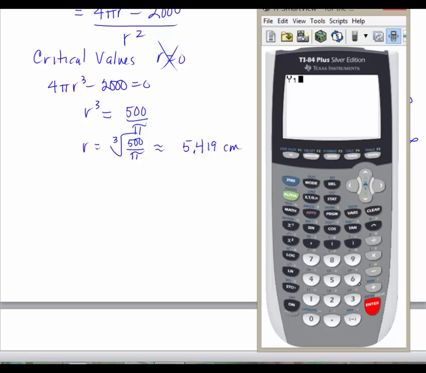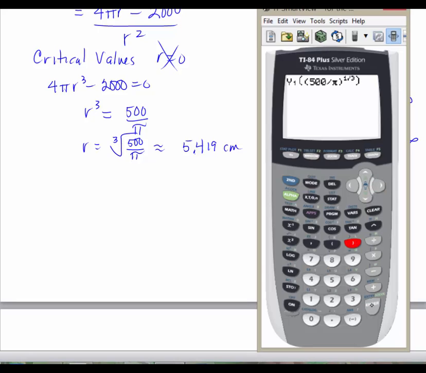I'm going to open the parentheses. Now I need to open the parentheses again because I want to take 500 divided by pi and raise it to the 1/3. You can do that, or there is a cube root button you can also use. I'm going to take 500 divided by pi, close the parentheses, raise that to the 1/3. If you do not have the latest version, you're going to need parentheses up in your exponent, and then I'm going to close that.